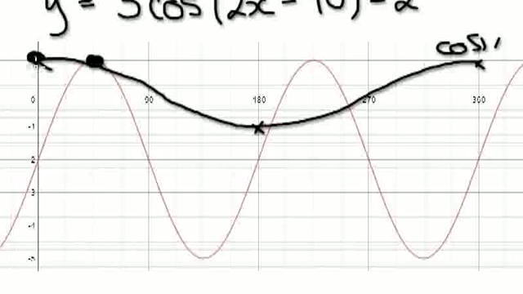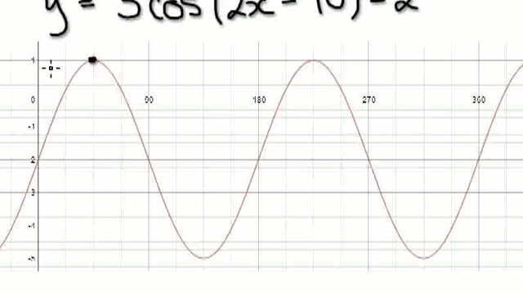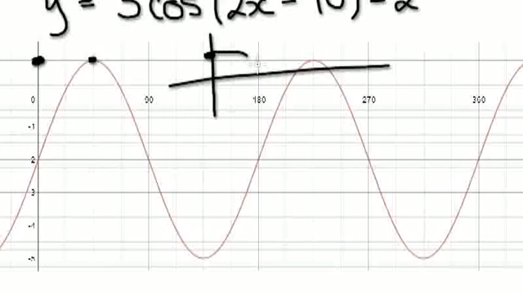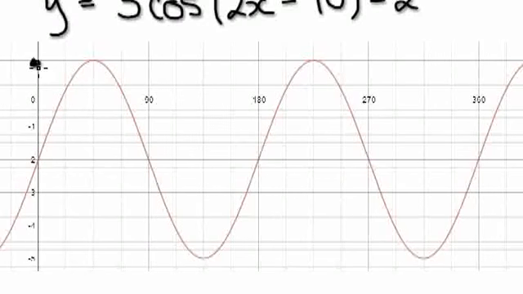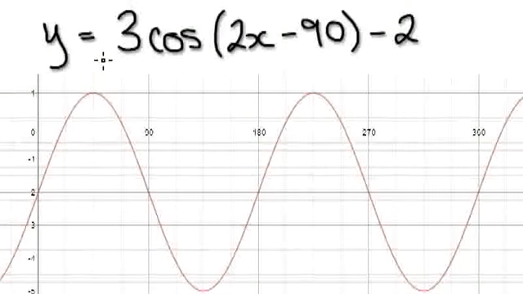Originally this point was here, and then we did lots of transformations to get to this point here. So originally this was here at the 1, because when you draw a graph of cos of x, it starts at the 1. Then we did lots of transformations, and this is this point here. So this here would be your final answer.